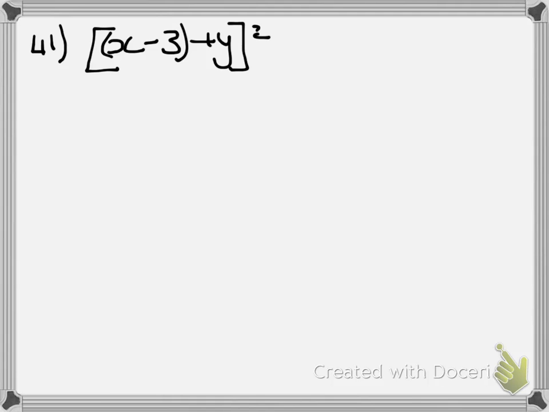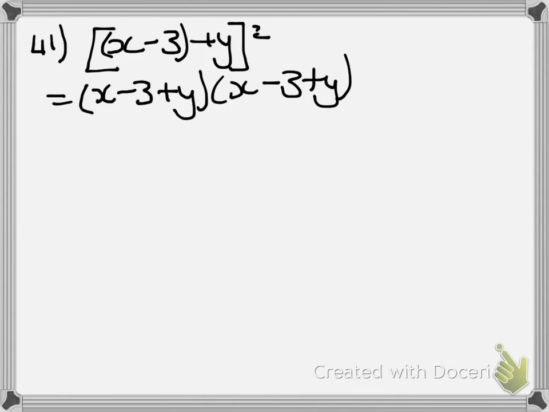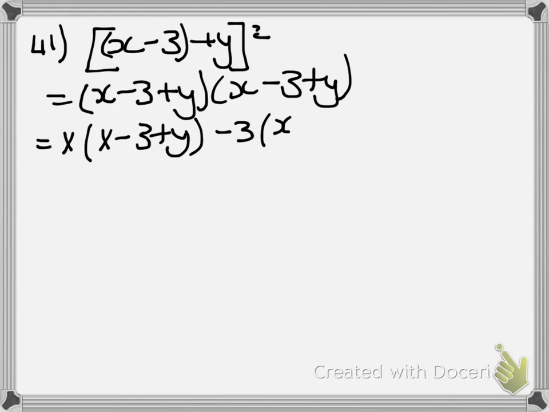Let's just get rid of that parentheses there and just say x minus 3 plus y times x minus 3 plus y again, and that's 3 terms by 3 terms, right? And that's when we do x times x minus 3 plus y, minus 3 times x minus 3 plus y, times x minus 3 plus y.